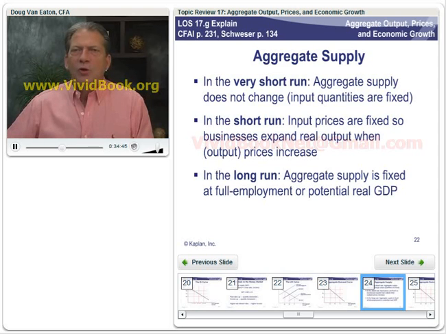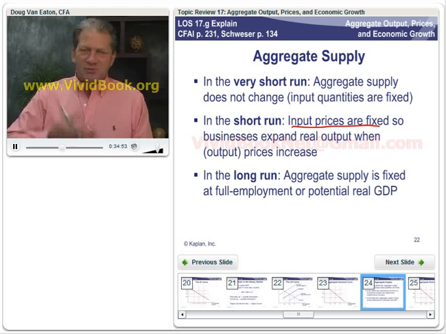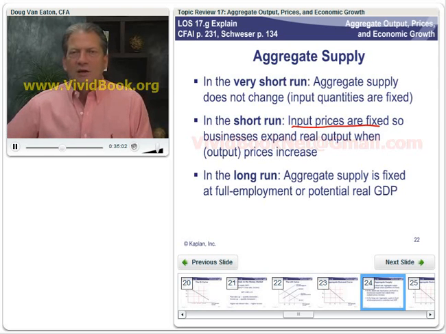So in the short run, we'll hold input prices fixed. This seems a little odd because we're going to allow the prices of final goods, the price level on the y-axis, to vary. But in the short run, we're going to hold input prices fixed, primarily wages, but it could be other important inputs like energy.